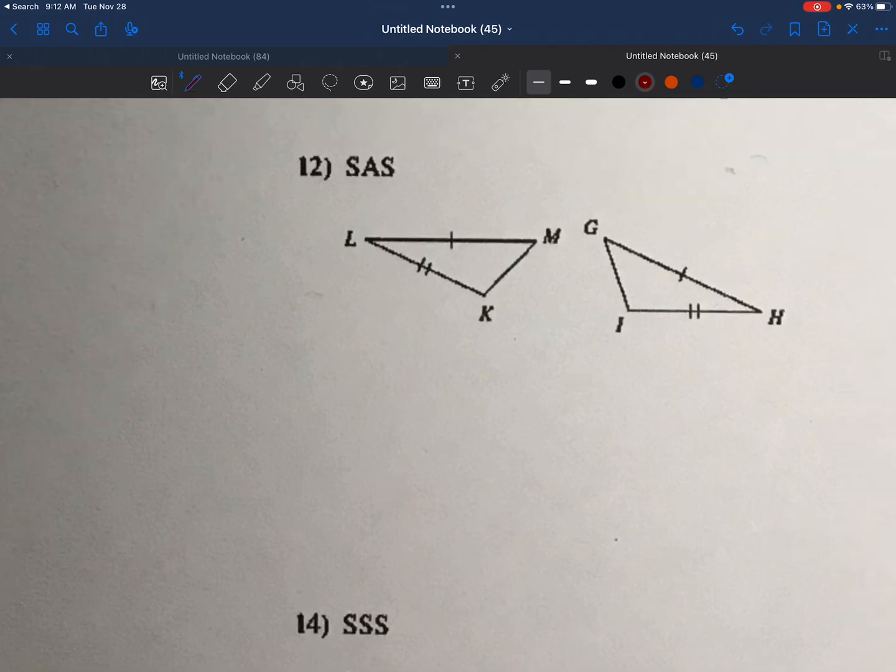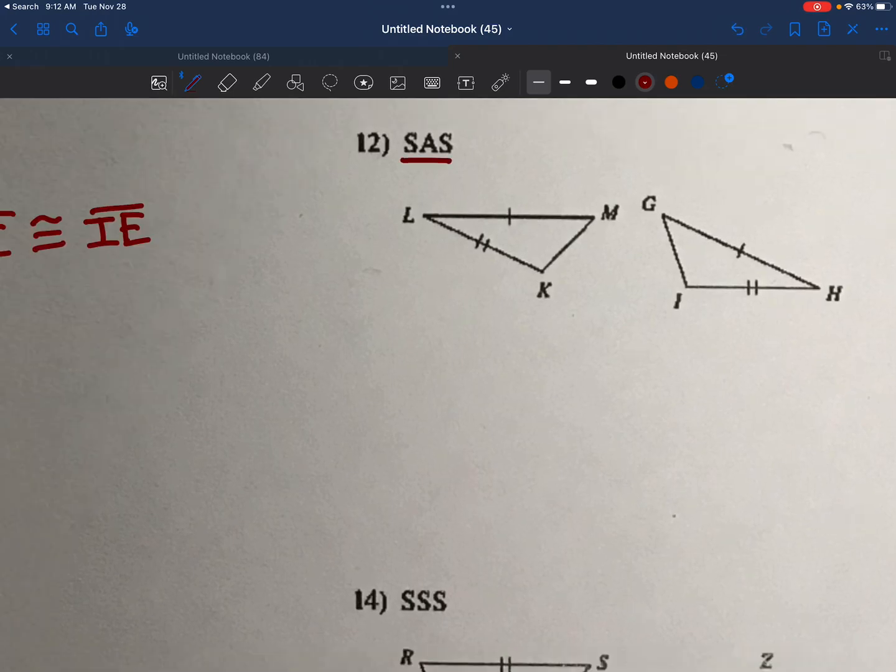L. Because, remember we talked about, if you trace the two sides that you know, it should be that included angle. So here it should be angle L. Okay? And then Dylan, on the other one, it would be H. So angle L congruent to angle H is what they should have given you. Okay?